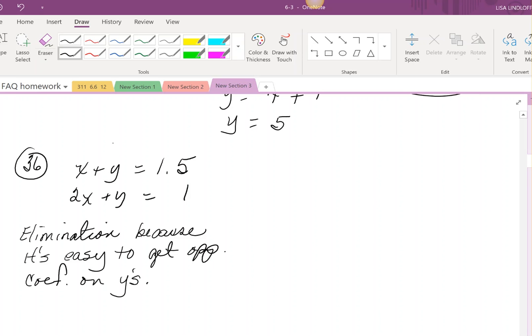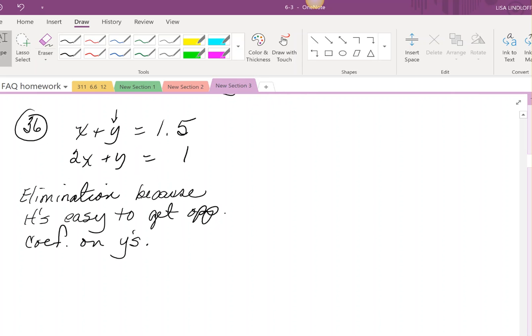They're both positive y, but one of them needs to be a negative y. So I choose to multiply the second equation, but again, it does not matter, and that will make that into a negative y.